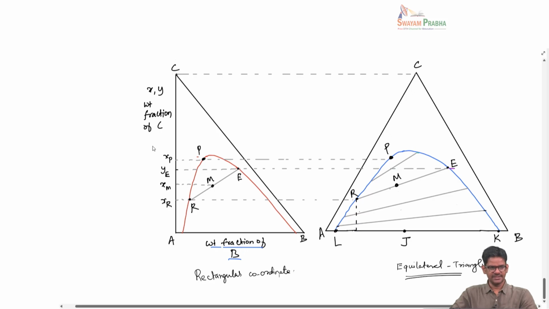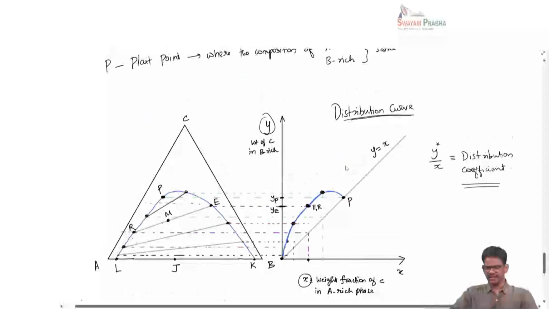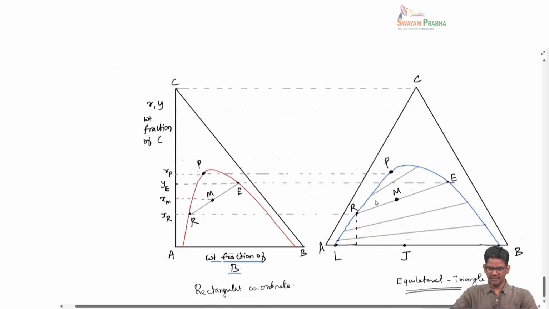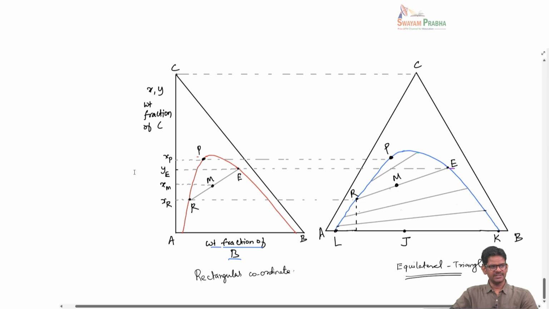On the y axis, the ordinate axis, we try to relate both x and y, where again x is the weight fraction of C in the A rich layer and y is the weight fraction of C in the B rich layer. So we use this y axis for both x and y. Let me remind you back again here. So here we used x and y as independent axes to draw the distribution curve. Here we are saying that we use the y axis for both x and y.